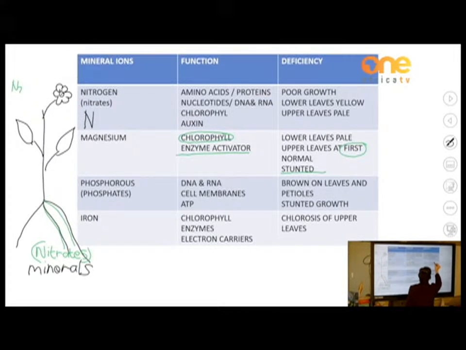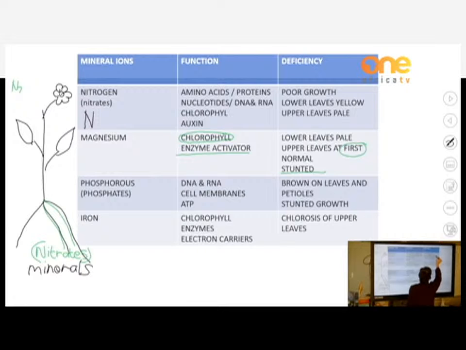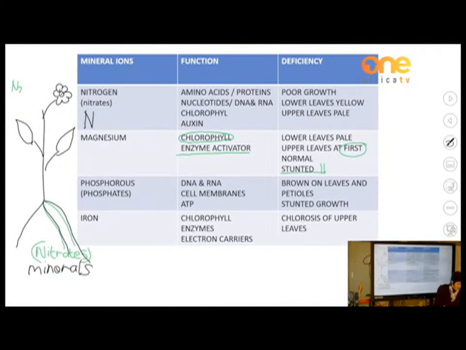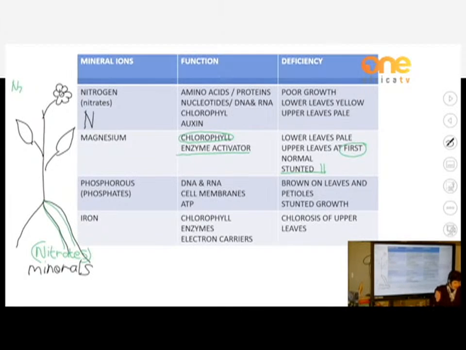This starts with the lower leaves being yellow, but we first see a lack of growth. In your textbook, they have a picture on page 155 for magnesium. And they say the upper leaves are normal and the lower leaves pale green or yellow. Okay. This you have in your textbook.